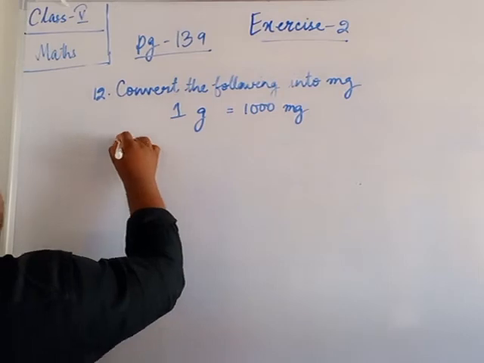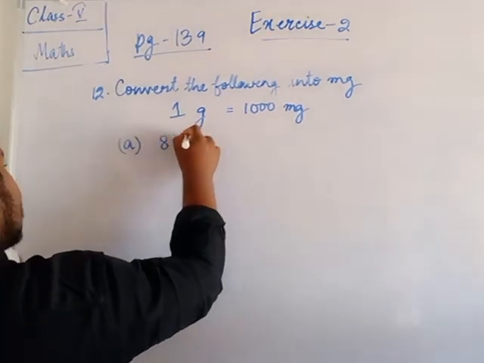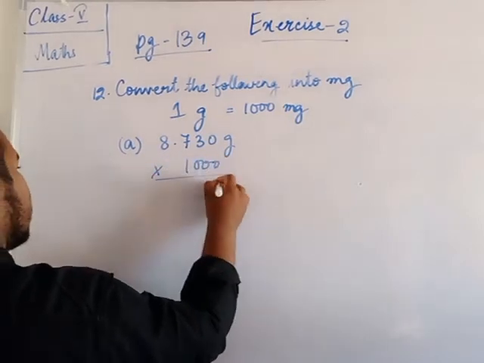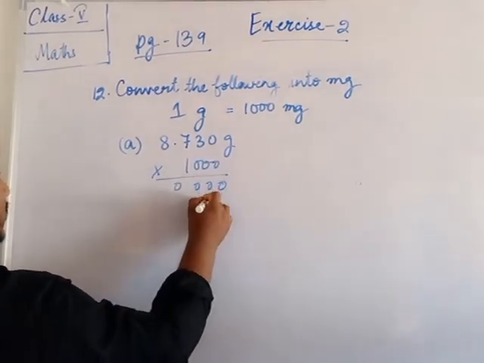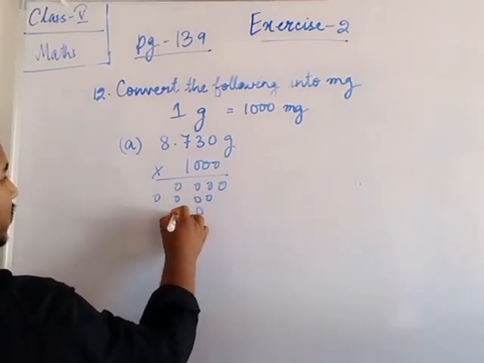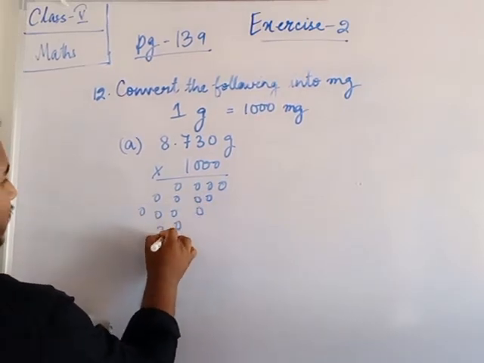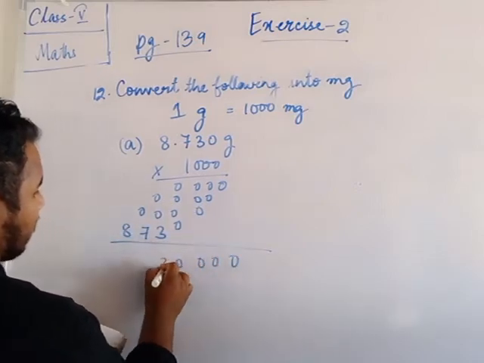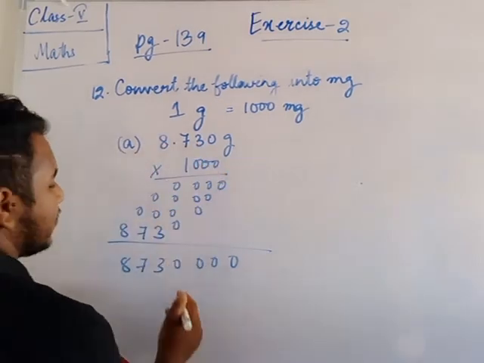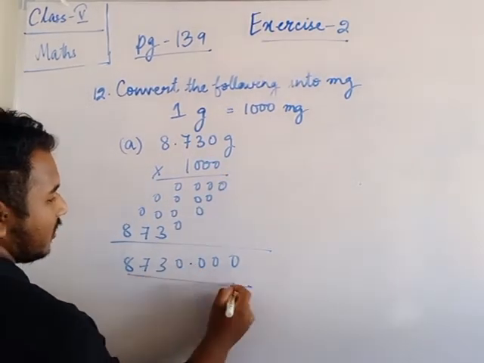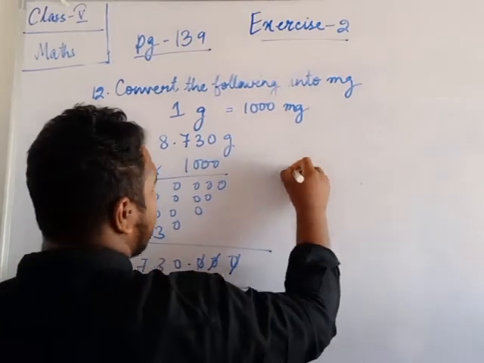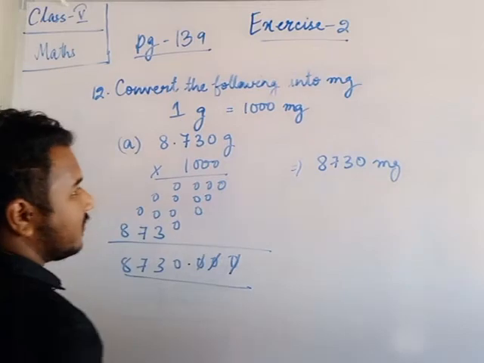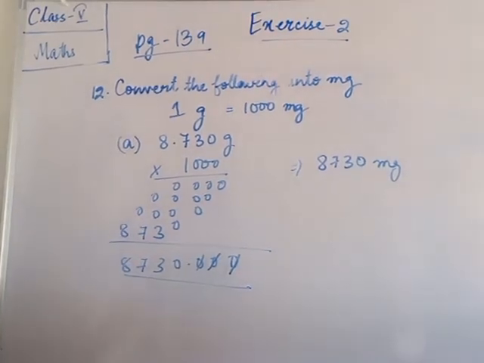So look, 8.730 gram into 1000. 0 0 0 0 0 0 0 0 0 0 0 0 0 378 0 0. 0 0 378. Now after point 3 digits 1 2 3. Cut this one 1 2 3. The answer is now 8730 milligram. This is your answer. Clear?